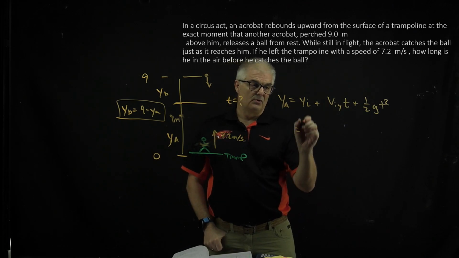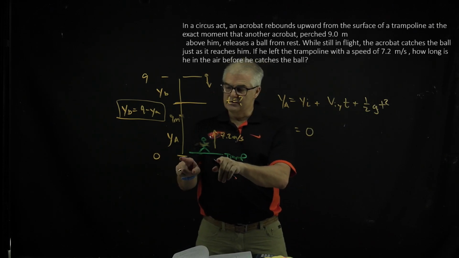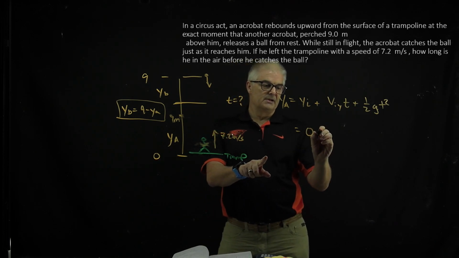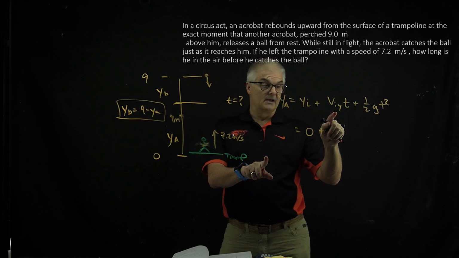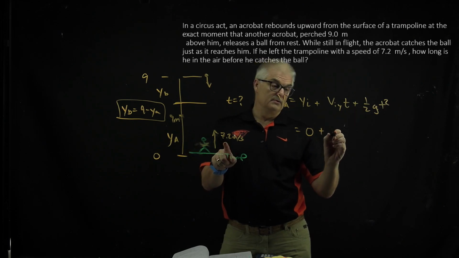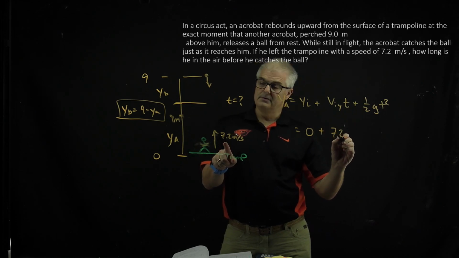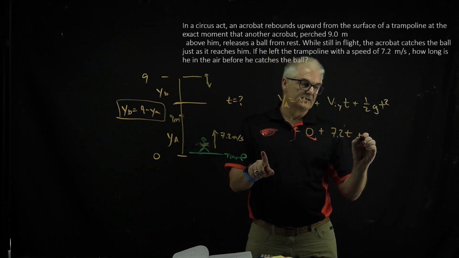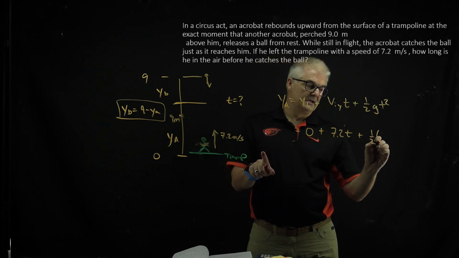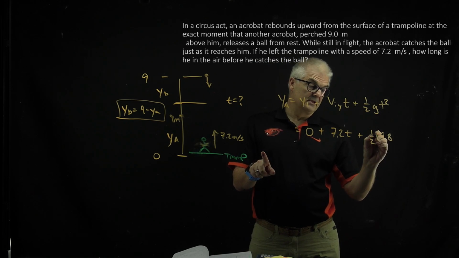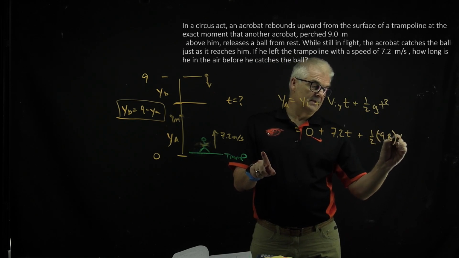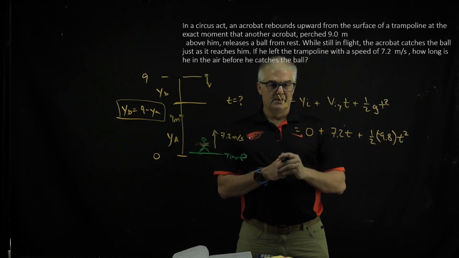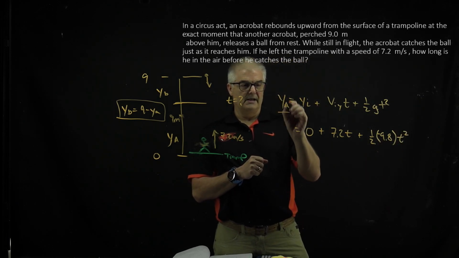His initial y is 0, because he's starting at point 0, plus his initial velocity, which we know is 7.2, times time. We're going to solve for time. Plus 1/2 times negative 9.8 times t squared. So this is equal to YA.